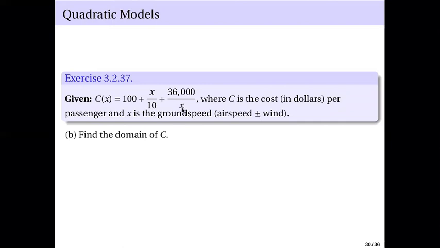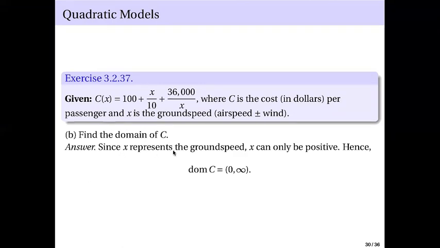But you cannot have x equals 0 because you have a denominator here. Therefore, since x represents the ground speed, x can only be positive. Hence, you have 0 to plus infinity as the domain of C. Questions?